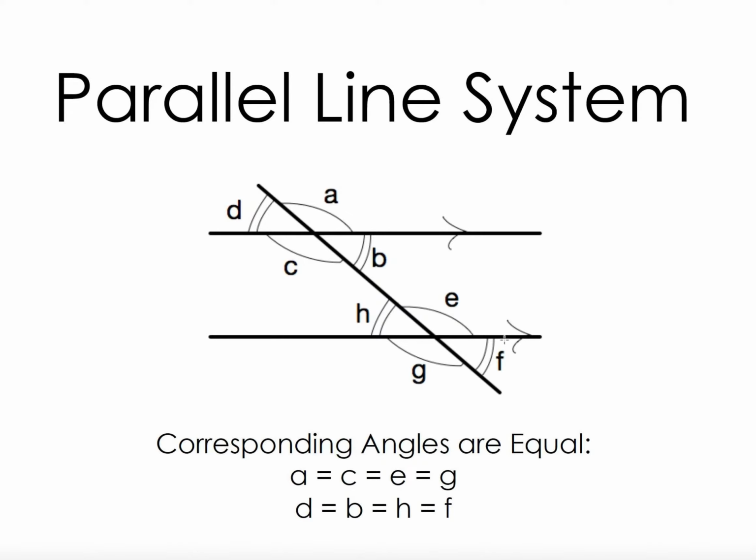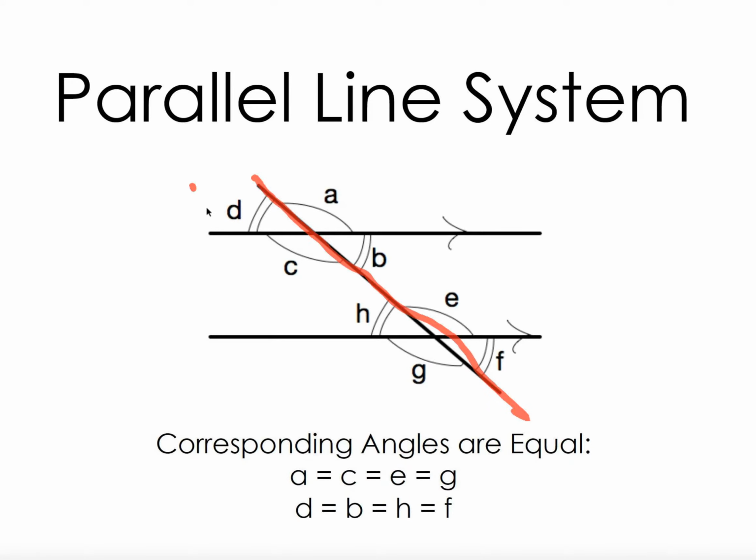Another very important thing here is the parallel line system. A very easy way to remember this without having to remember all those complicated terms that you probably learned in school is that the alternate ones are going to be the same. So the alternate exterior here, for example, D and F are going to be the same, but also A and G are going to be the same. Why alternate? That means that they are on different sides of the transversal, this line over here.